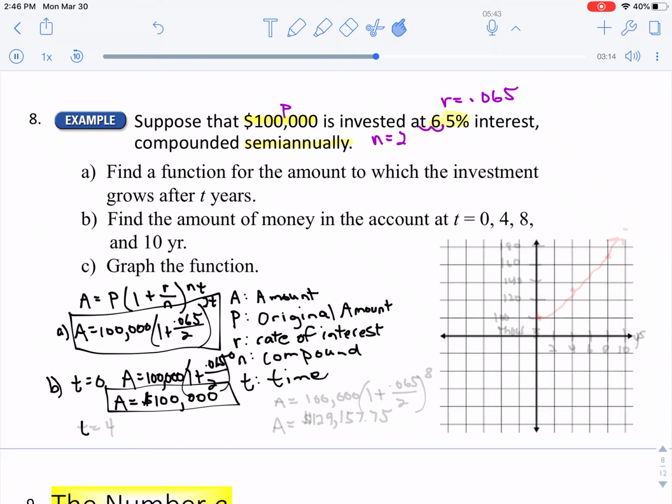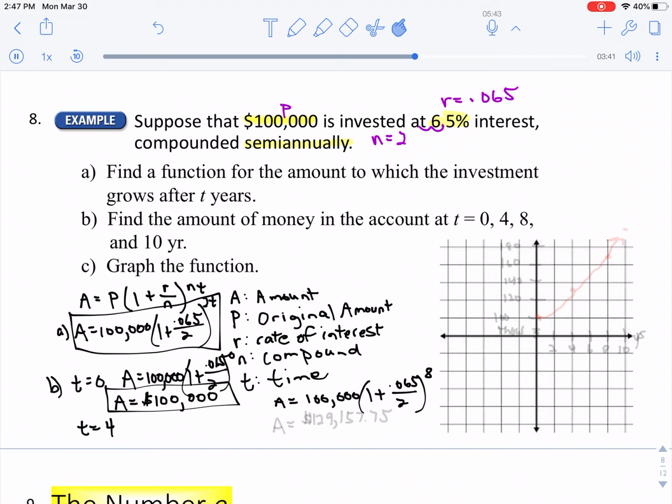Now let's go to when the time equals 4 years. A equals 100,000 times 1 plus 0.065 over 2, and that's going to be 2 times 4, which means the 8th power.